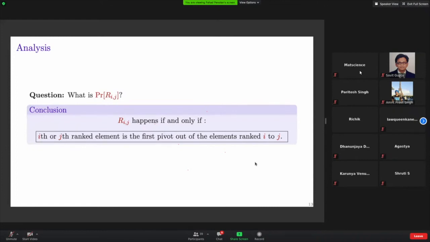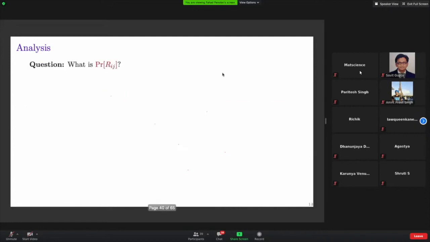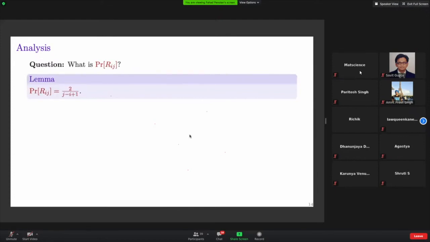And how many of them will lead to comparison? It is 2, right? One is i and one is j. So 2 by j minus i plus 1. That is the probability that Rij happens. Is that clear? Yes. Okay, so the probability of Rij is equal to 2 by j minus i plus 1.